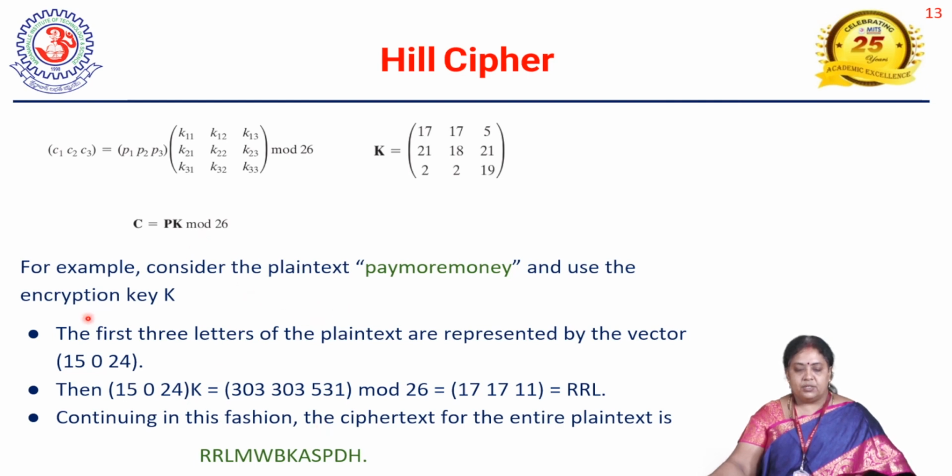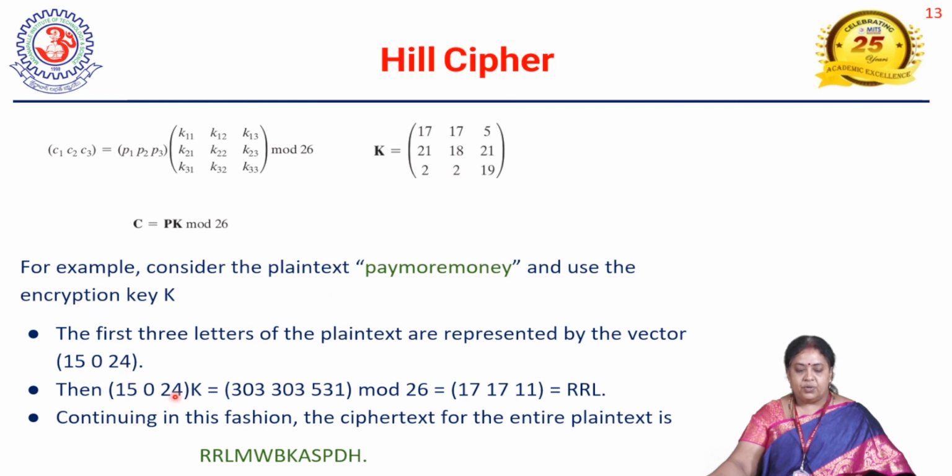For example, this is a plain text, pay more money. This should be arranged in the form of a matrix. We have to take the numerical equivalent of P, that is 15, A is 0 and Y is 24.